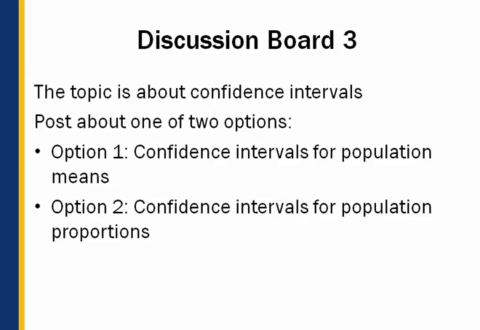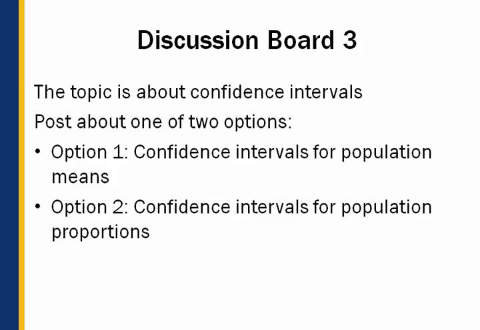As in the other discussion boards to date, you have two options. In this week and in the next 2 weeks, we look at very similar questions about two different types of measurements. We look at the same questions for population means and for population proportions.